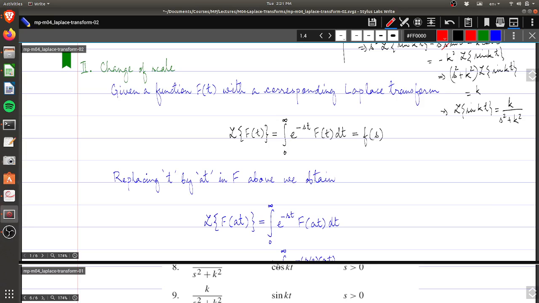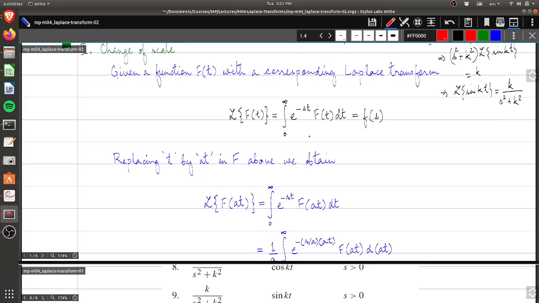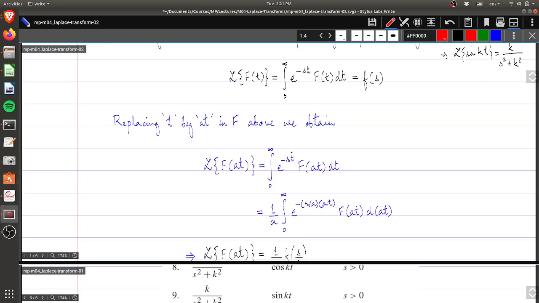If I replace the t in this function with at, then the Laplace transform of f of at will be equal to integration from 0 to infinity e to the power minus st f of at dt.